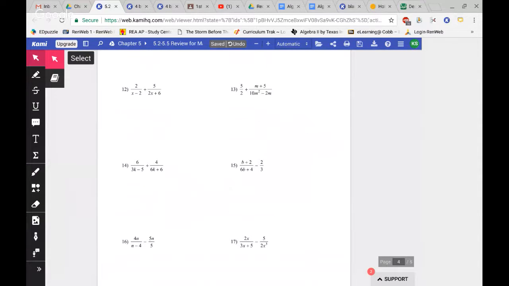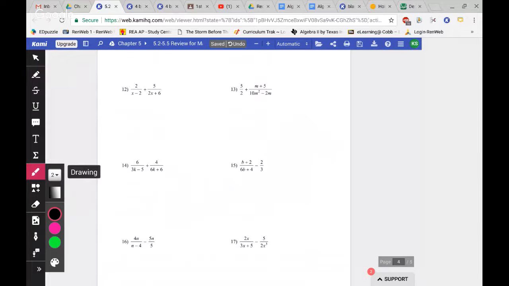Okay. Number 13. So once again, what I try to do is just make those really long lines to remind myself I've got to make a common denominator.